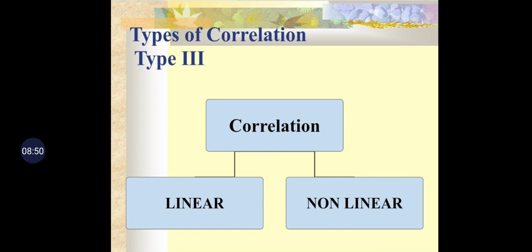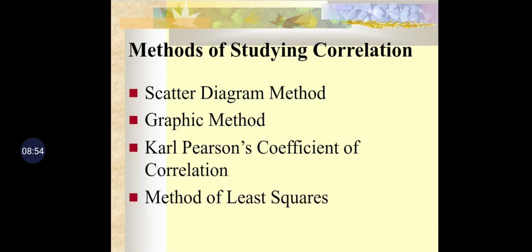Type of correlation, type 3. There are two correlations, the linear correlation and non-linear correlation. Methods of studying correlation: scatter diagram, graphical methods, Karl Pearson coefficient of correlation, and method of least squares.